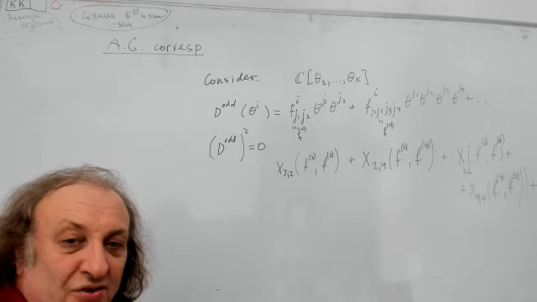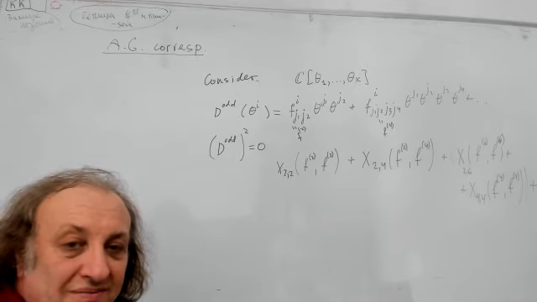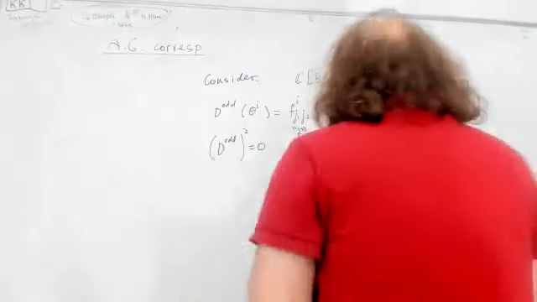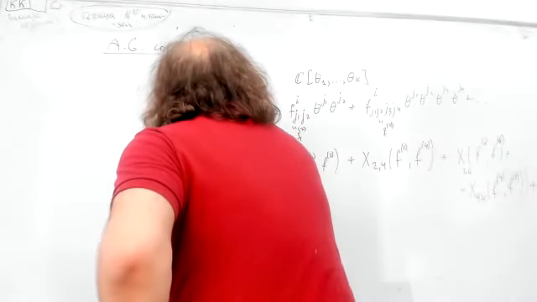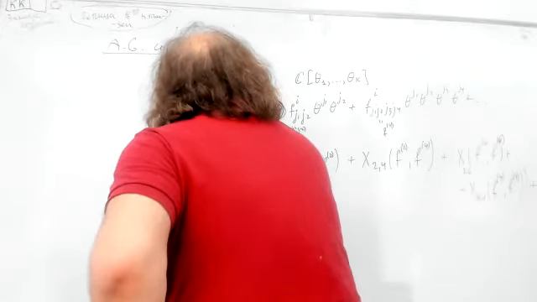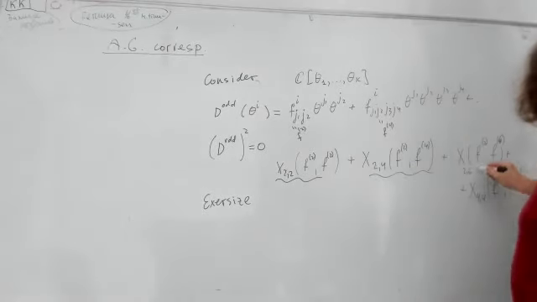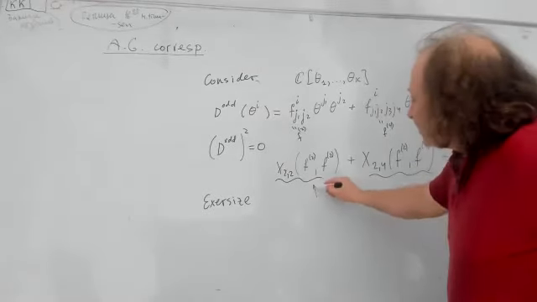Do you want to say that you never thought about it? I don't think I have. So let it be an exercise. Compute this, and check that this is Jacobi identity.